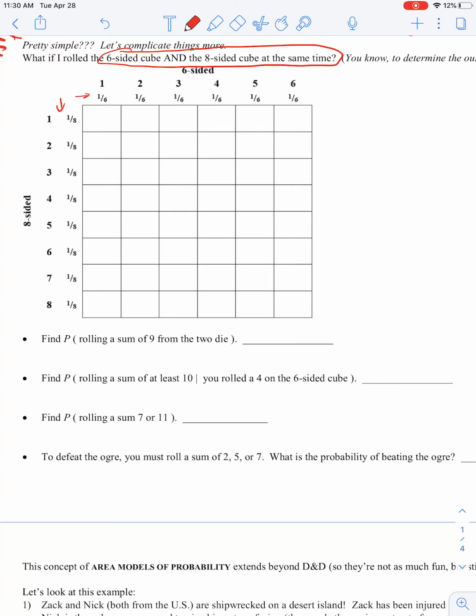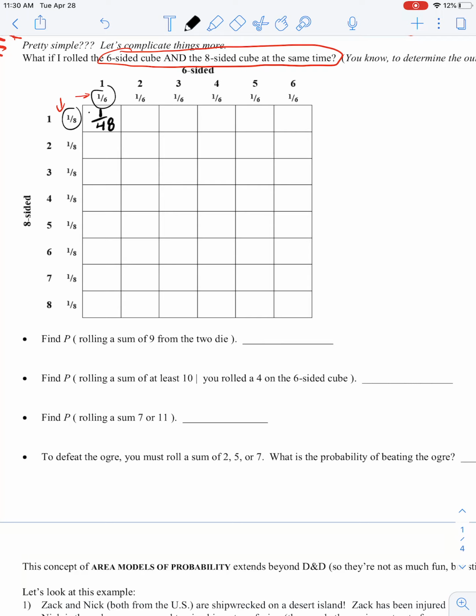Now, what would happen if I asked you to take the area of this rectangle right here? Well, the area of 1/8 times 1/6 would be 1/48.